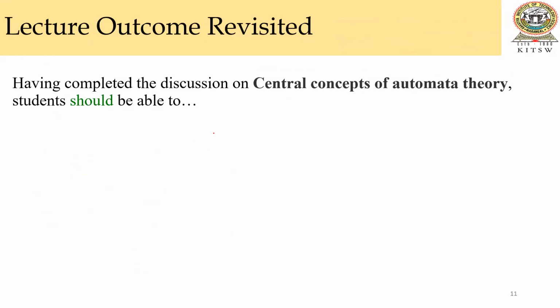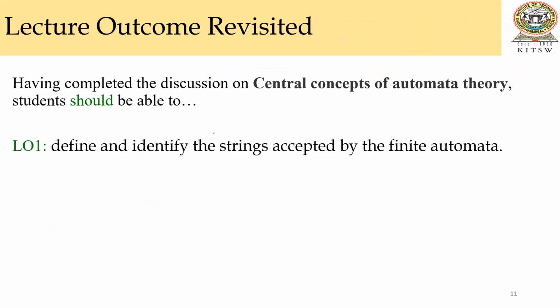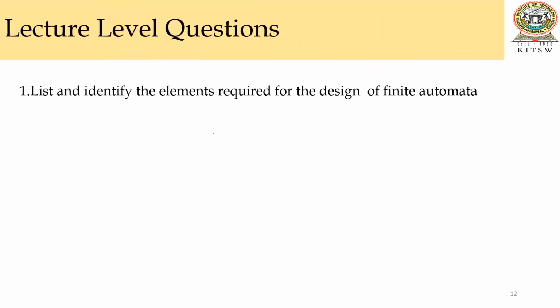Having completed the discussion on the central concepts of automata theory, you should be able to identify the strings accepted by a finite automaton. The lecture level question for this CDT is: list and identify the elements required for the design of a finite automaton. Thank you. We'll meet in another video session.